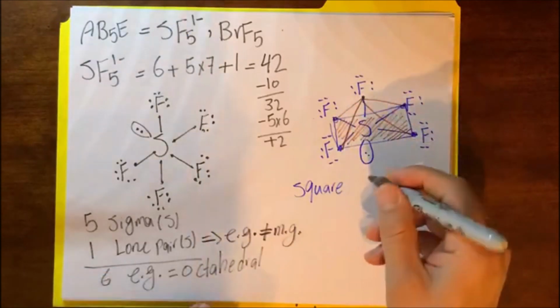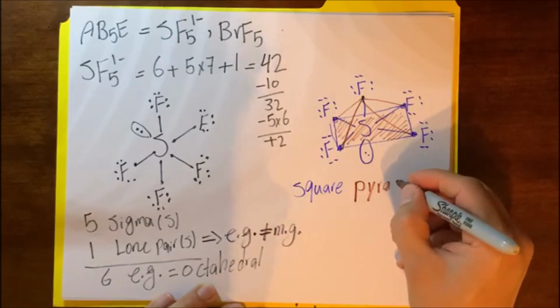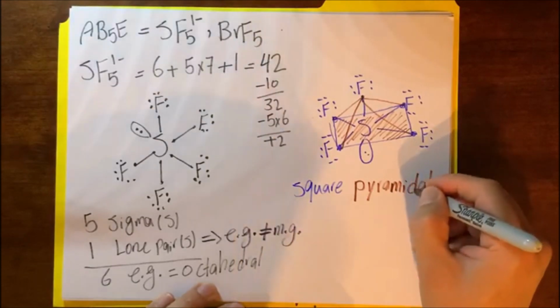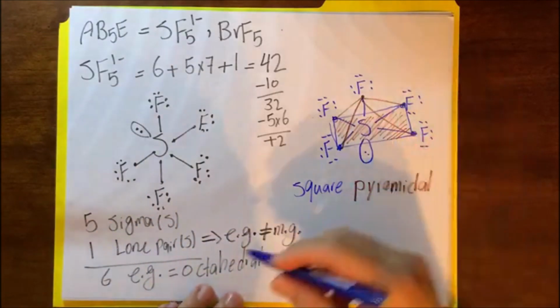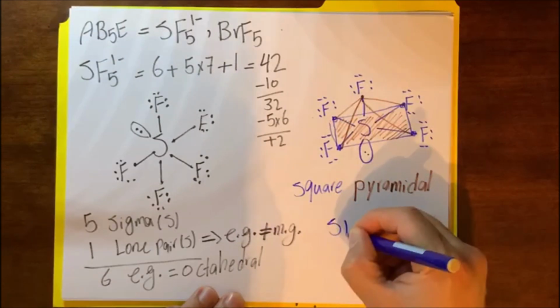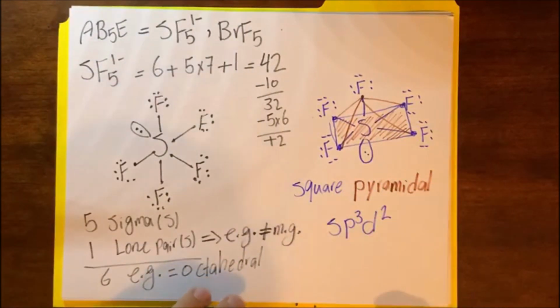So we say square pyramidal. Okay, square pyramidal. What's the hybridization for it? We have 5 sigma plus 1 lone pair, 6, so it will be sp3d2.